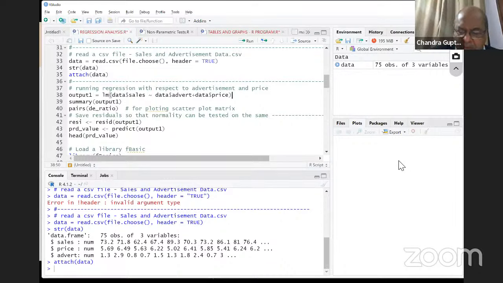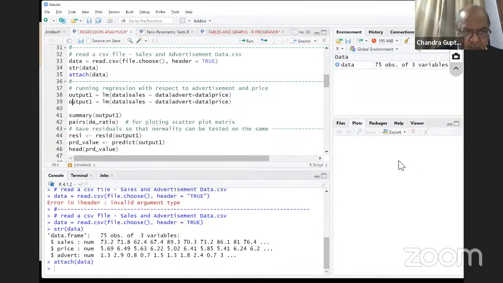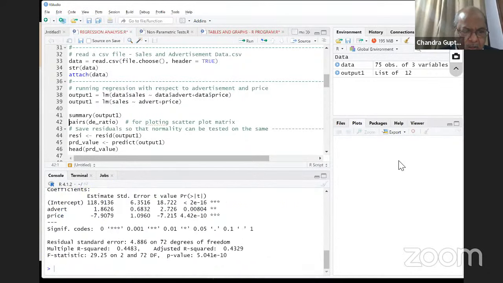Since I have attached this data, I can simply write sales, advertisement. Since it's a multiple regression, all the independent variables will come with plus sign. Then that's the summary which we get here.